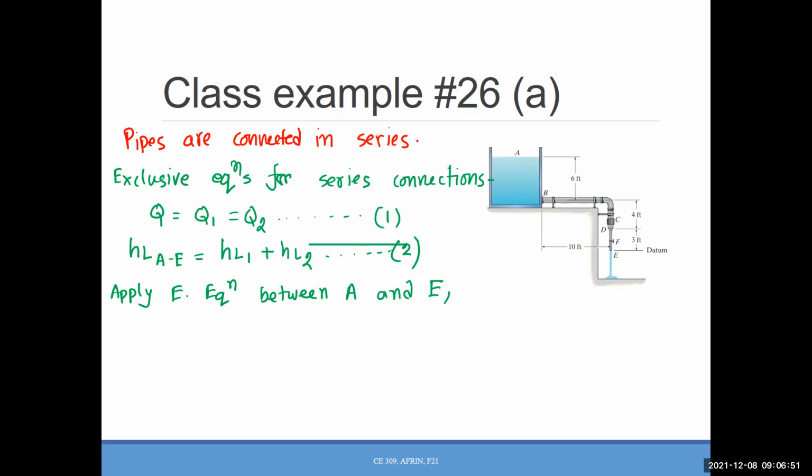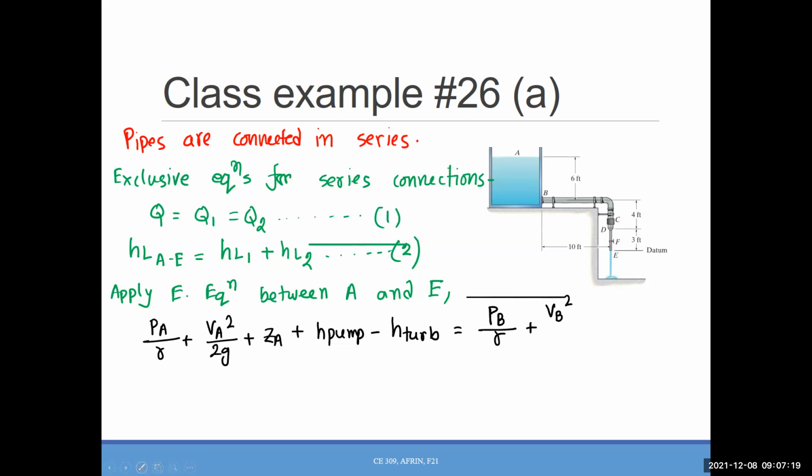The datum is already given, so we don't need to think about that. So the equation will be PA over gamma, V square over 2g, plus z, equals the same terms at E, plus head loss A to E, right?